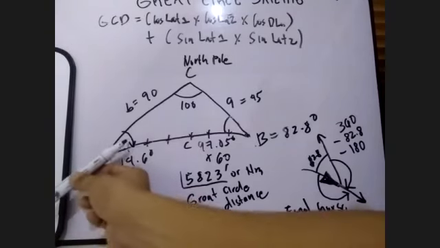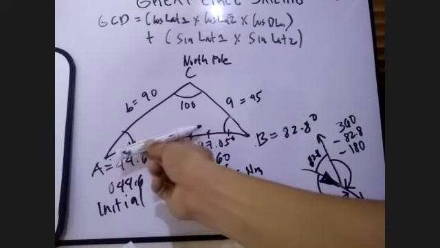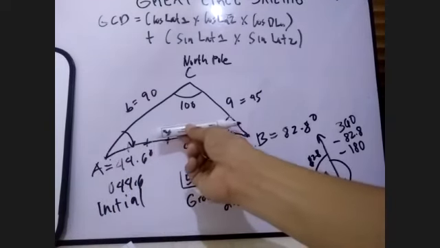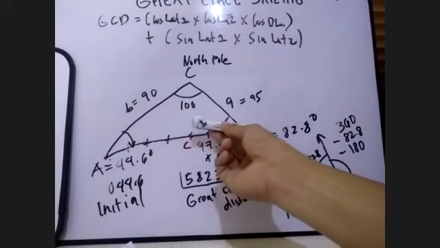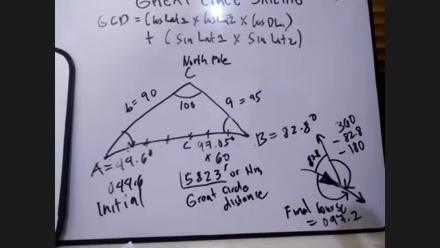The vessel will travel until it reaches the maximum latitude. Then it will go down, and the final course is 097.2.